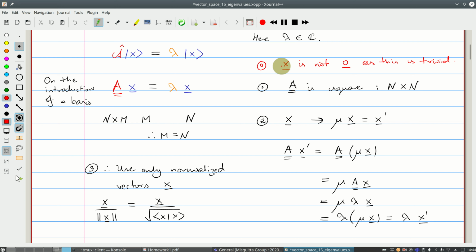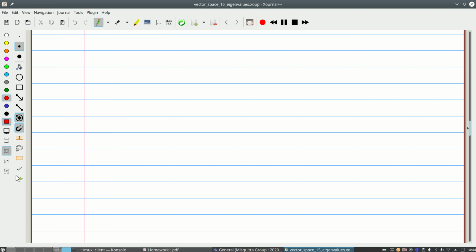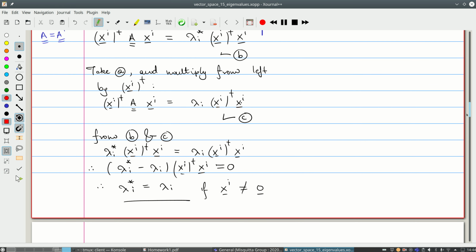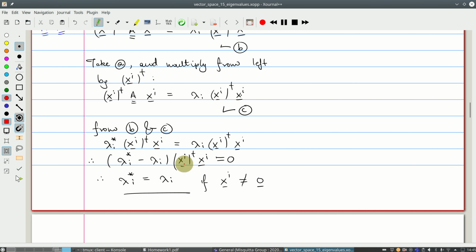We don't want x to be boring, so we will exclude this possibility, and because we've excluded that possibility, when we come down here xi is not going to be the 0 vector, so this in fact is the inner product. If you think about it, xi dagger xi is the inner product of xi with itself, and this is just a number.